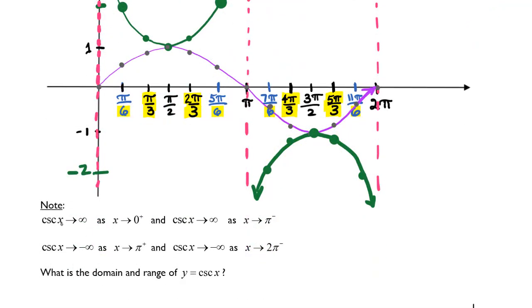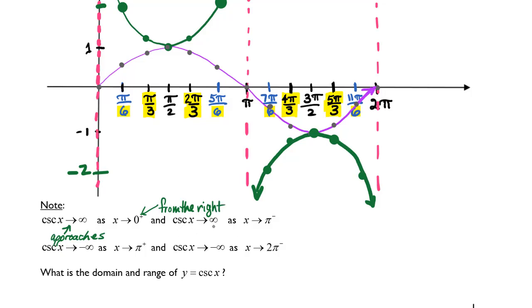So your big takeaway from this experience, although it's a little tedious: this little arrow means approaches. You would read that as cosecant x approaches infinity as x approaches 0, and this little plus sign means from the right.